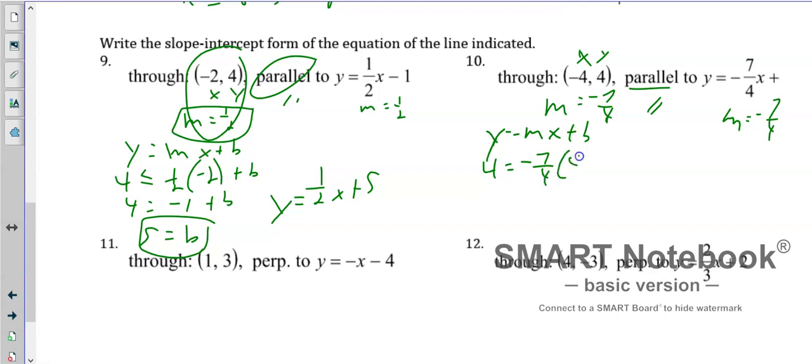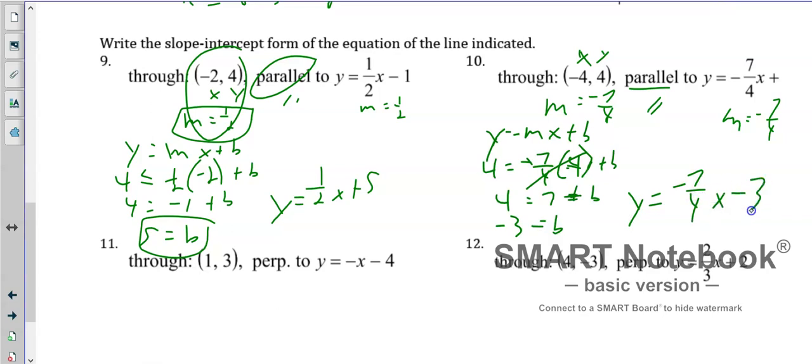My x is -4 plus b. Well, the 4's cancel and the negative cancels. So that gives me 7 plus b. If I subtract 7, b is -3. I'm basically done. Y equals -7/4 x minus 3.